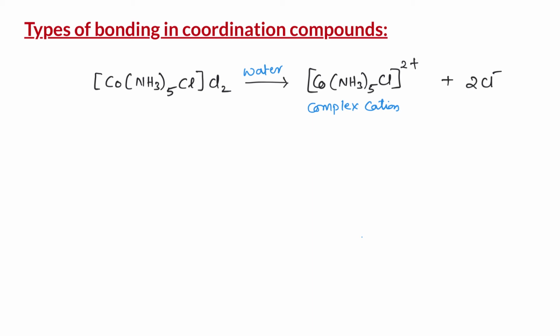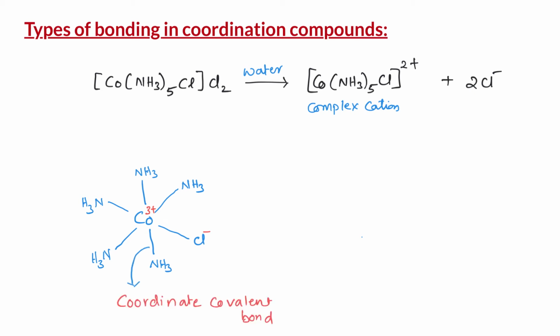And the way the secondary and primary valences are bound to the central metal ion can answer this question. The secondary valences, also called ligands, in this case we have 5 ammonias and 1 Cl- ion. These are bound to the central metal ion by a special type of covalent bond called a coordinate covalent bond. And that is why these compounds are called coordination compounds.